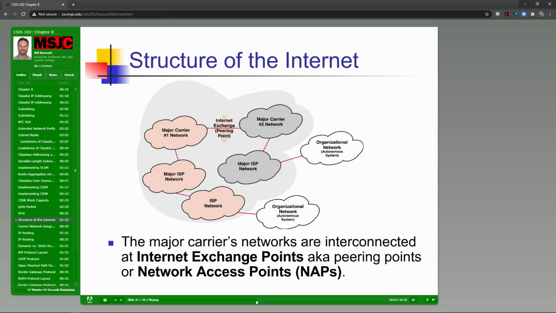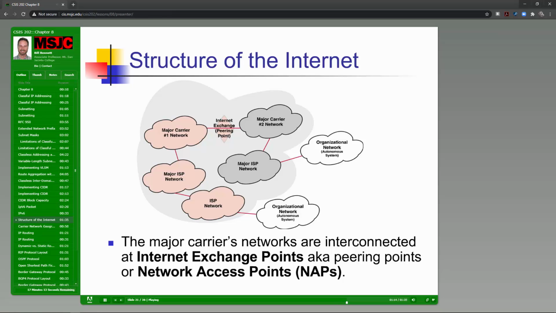So if you look at the diagram here, you'll see that we have the white clouds, which represent various organizational networks with their AS numbers, their autonomous system numbers, that are connected to ISPs. ISPs come in varying levels. You can see that the organization at the bottom is connected to a lower level ISP, which is then connected to a major level ISP, and the other organization connecting to the gray cloud is connected directly to a major ISP.